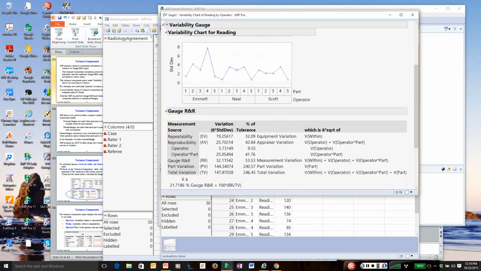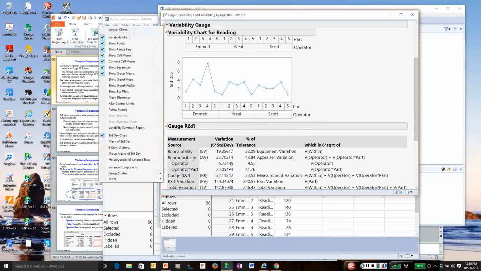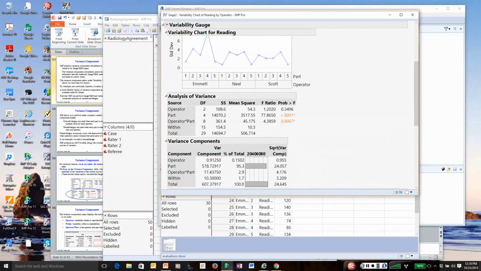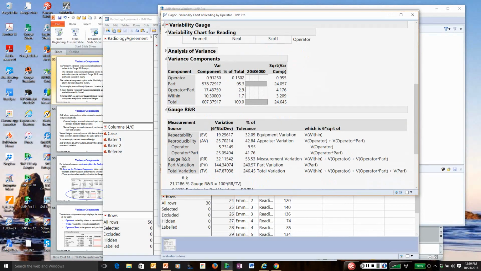Well, there's another option available, and I recommend you use it as a part of a gauge R&R, and this is called variance components. Notice the report that says analysis of variance. That's really not of direct use to us here, so I'm going to click the disclosure icon and close it. It doesn't really add anything to what I'm doing.